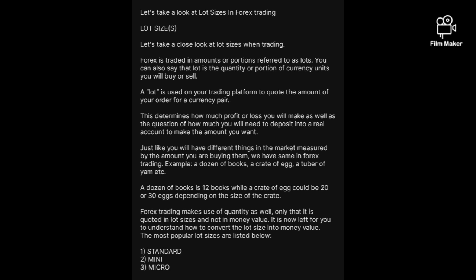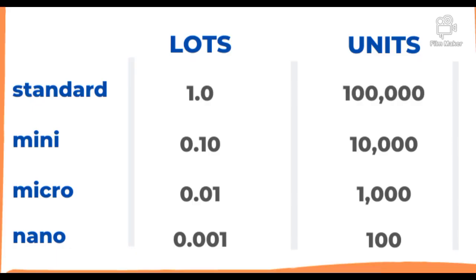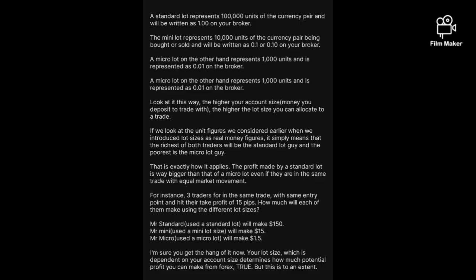So forex trading makes use of quantity as well, only that it is quoted in lot size and not in money value. It is left for you to understand how to convert the lot size into money value. The most popular lot sizes are listed below: standard lot size, mini lot size and micro lot size.